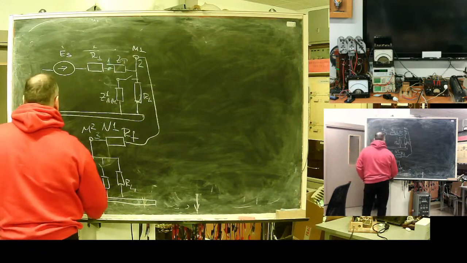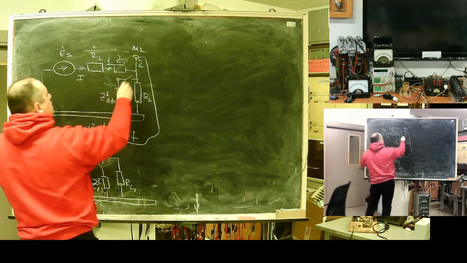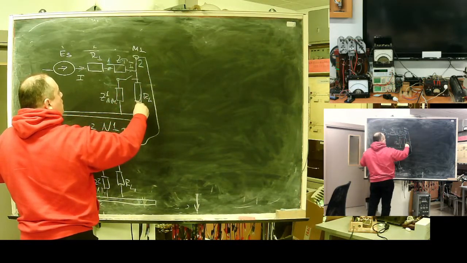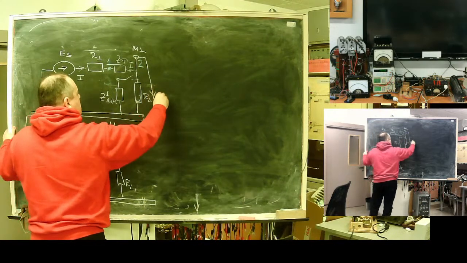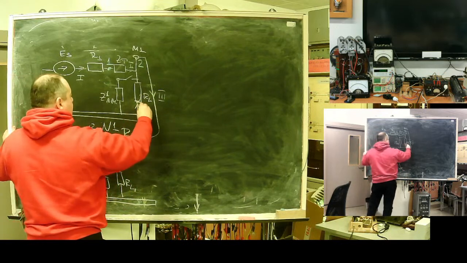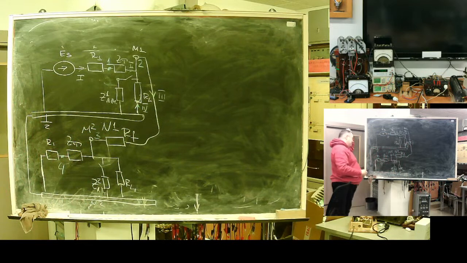Now branches. This will be branch 1. This will be branch 2. Let's say this is branch 3. Branch 4. I will add the asynchronous machine a bit later.